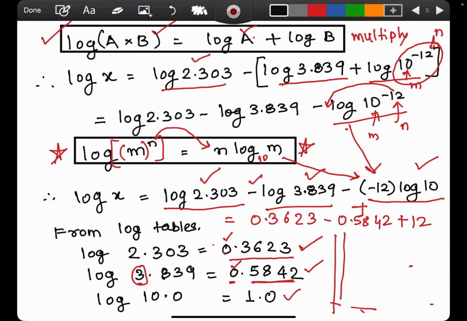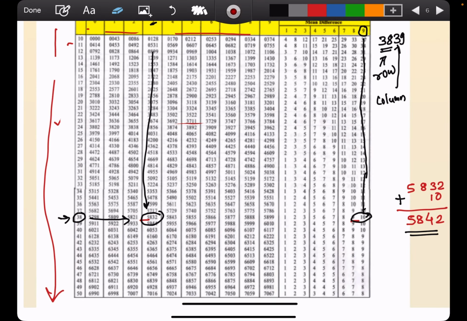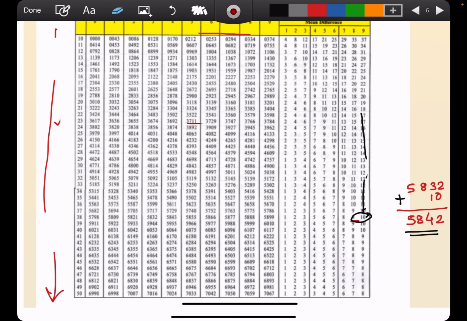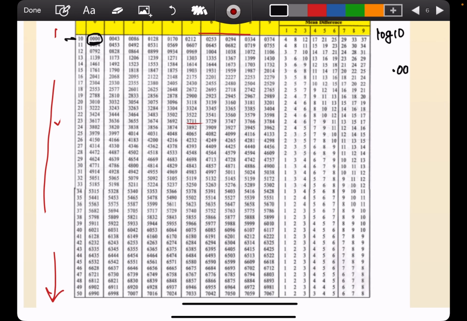Now finally, log of 10. Log of 10 will be very easy. Let me look for the value of log of 10. In the mantissa part, we will get 0 because log of 10 is the 10th row, and the column is the 0th column, which gives you the answer 0 0.